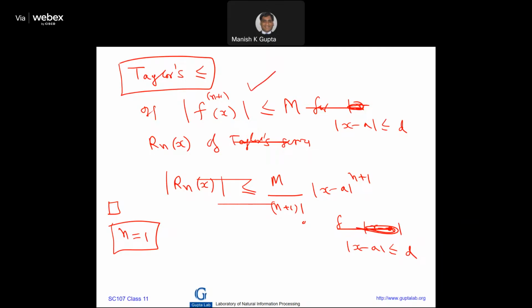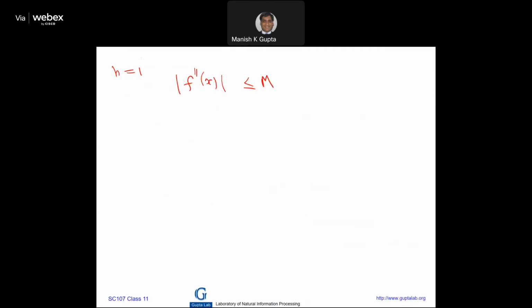From this condition, when n is equal to 1, the two times differentiation of f(x) is less than or equal to capital M. This implies that minus M is less than or equal to f double dash of x, which is less than or equal to capital M, right?